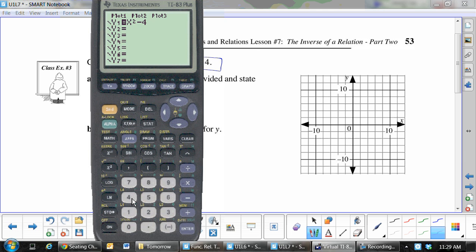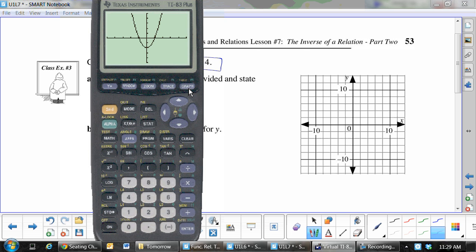When you hit your window settings, just hit zoom 6, so we're all on the same one. The graph on the page goes by twos, so to stay consistent I'm going to change my scale to twos. And then it kind of looks like the other graph.